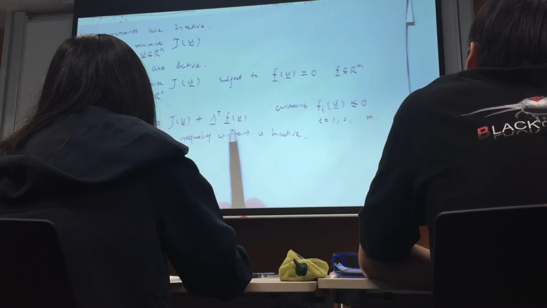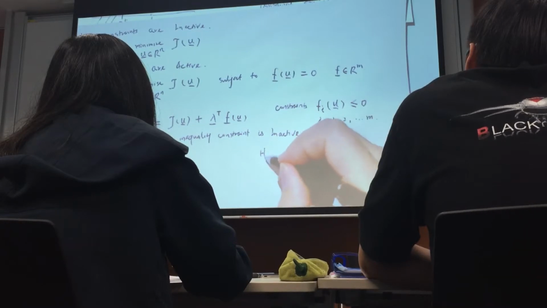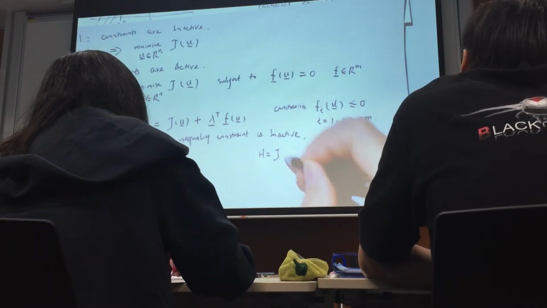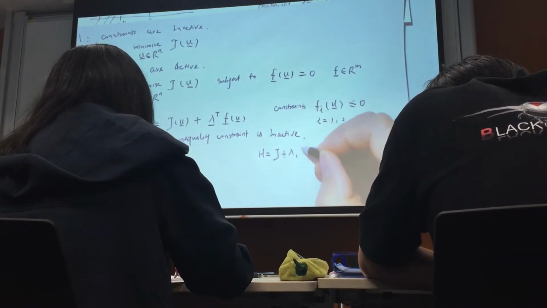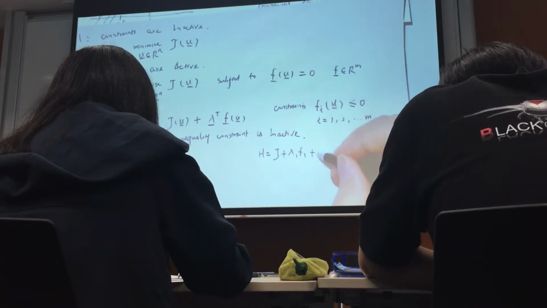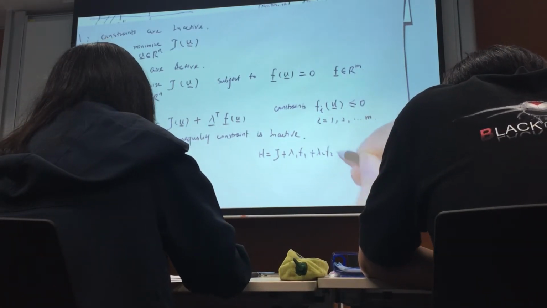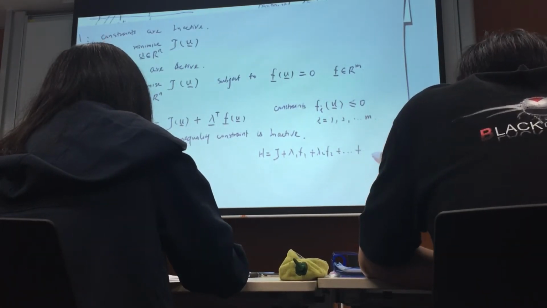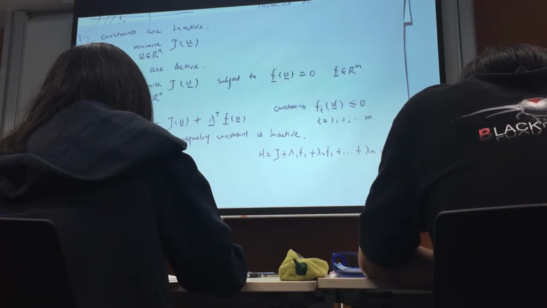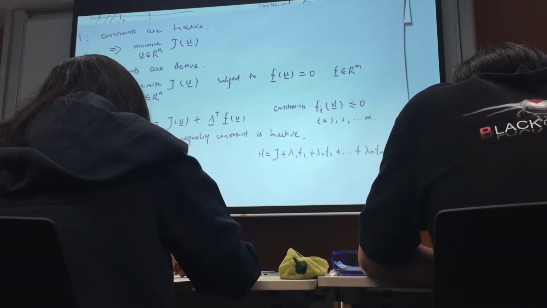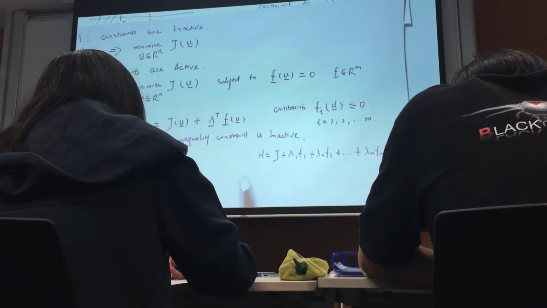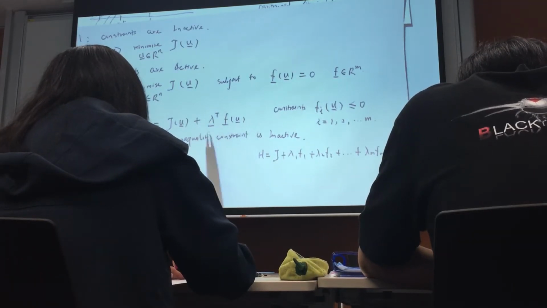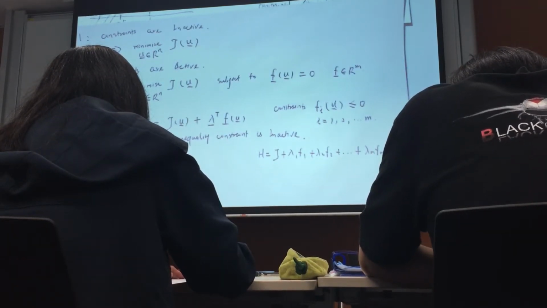So we know this Hamiltonian is the function H, the function J plus lambda 1 f1 plus lambda 2 f2 up to lambda m fm. So it will be in this form if we expand the vector representation.